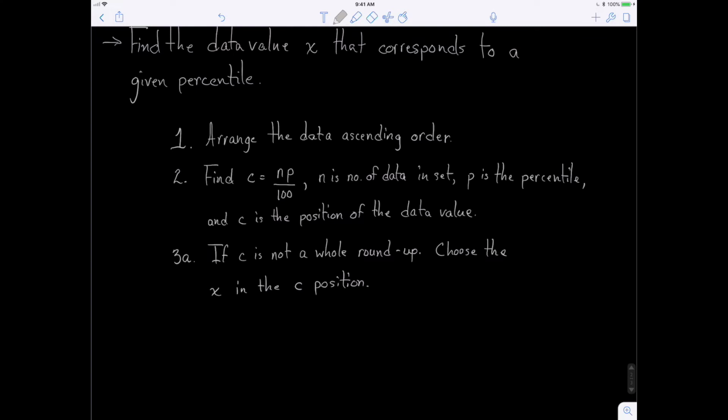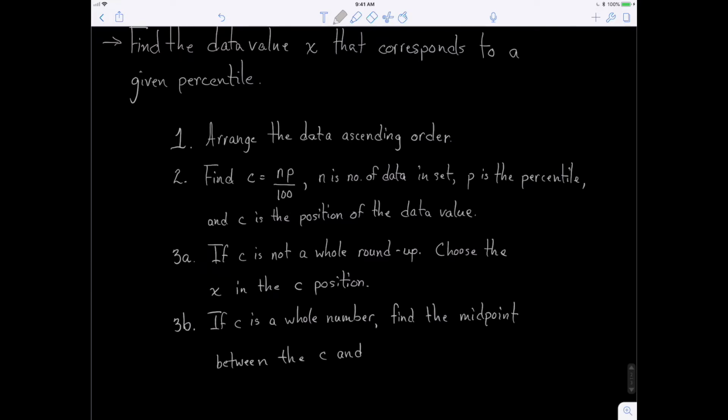Okay, and if C is a whole number, well, that's 3B. 3B says that if C is a whole number, find the midpoint between the C and C plus 1 position.